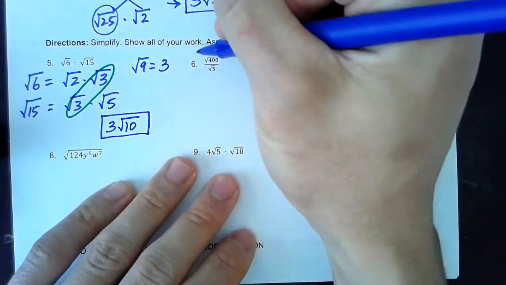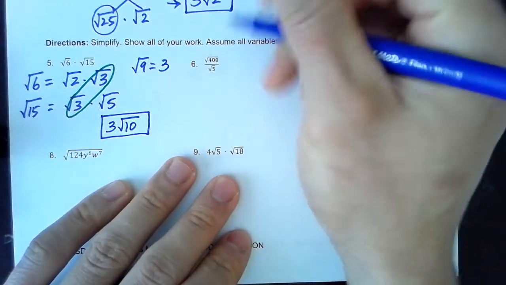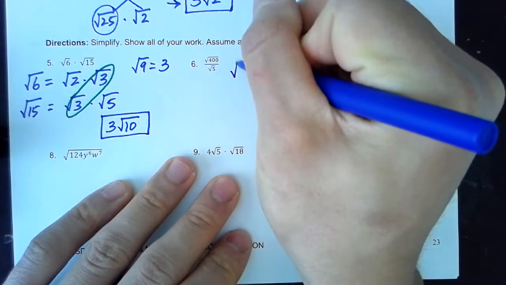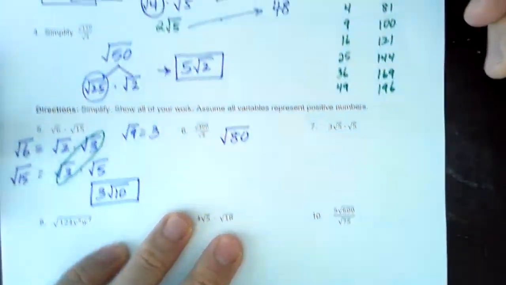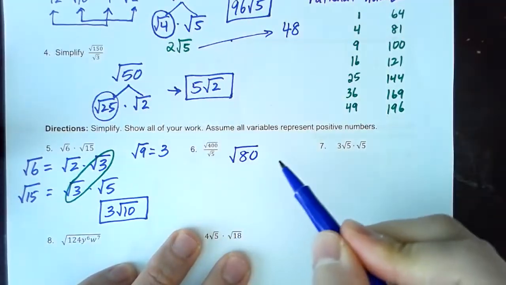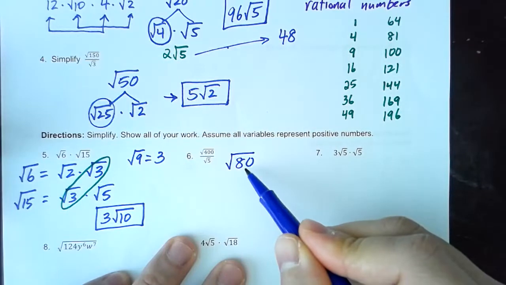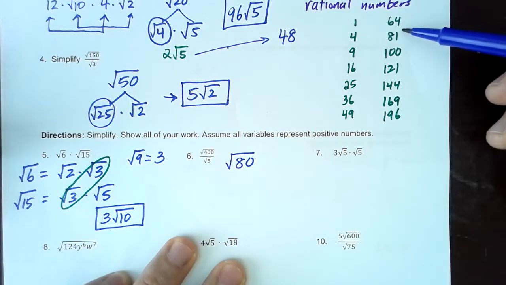Okay. This number 6, the square root of 400 divided by 5. Well, we're just dividing here, so I'm going to go ahead and write the square root of 80. Okay. And luckily, I have these perfect squares on the side where I can determine what perfect square is a factor of 80. So I'm going to start from here, because this is right where the square root of 80 would be.